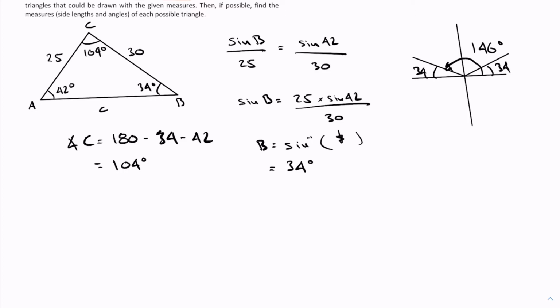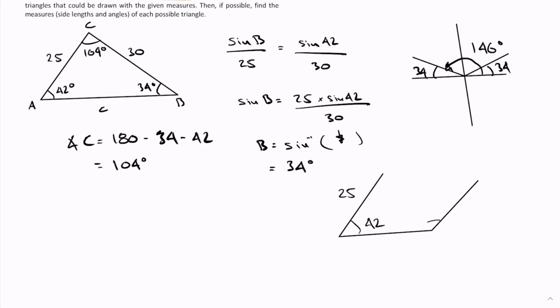Let's try to draw a sketch. So there's my angle A. And I know this is 25. This is 42. And the other angle is 146. So it's going to be something like way out here. Okay. But here's the problem.